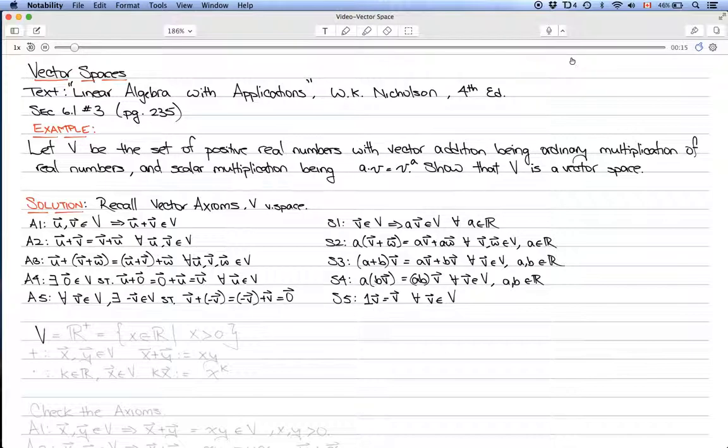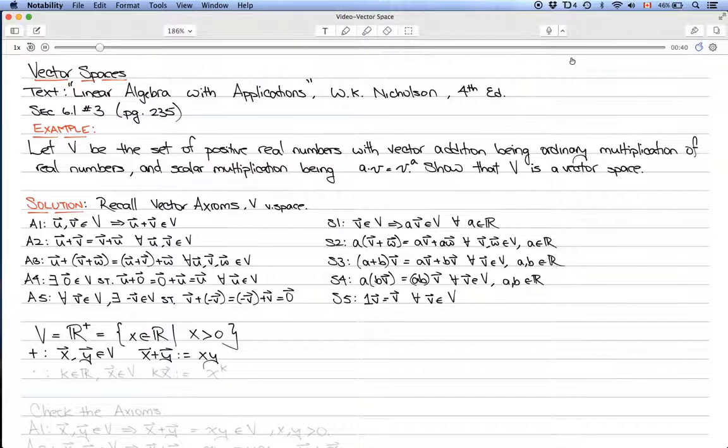We have that V is the set of positive real numbers, so that this is the set of x in R such that x is greater than 0. And addition is defined by taking two vectors in our vector space V, and when we add them, we get x plus y by definition is equal to x times y.